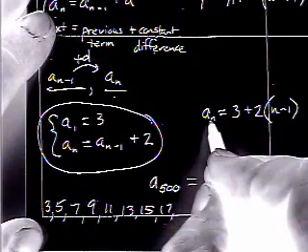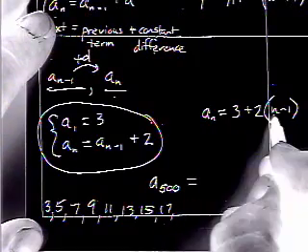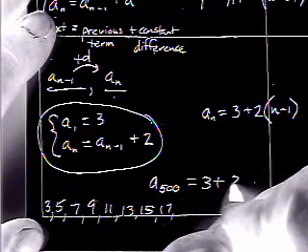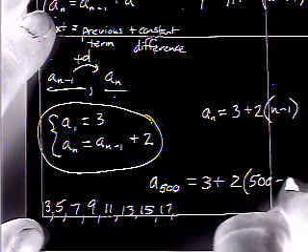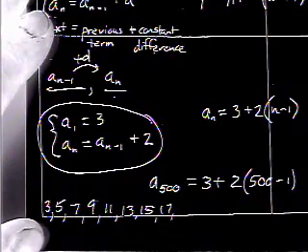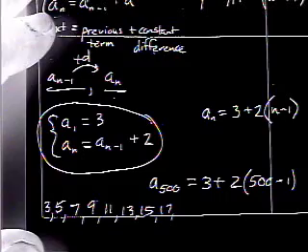What I do want to do is use the 500 inside this formula for n. 3 plus 2 times 500 minus 1. Okay.